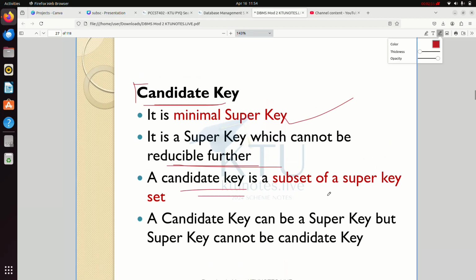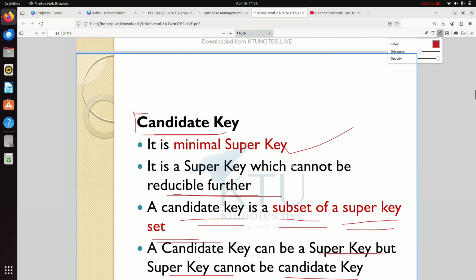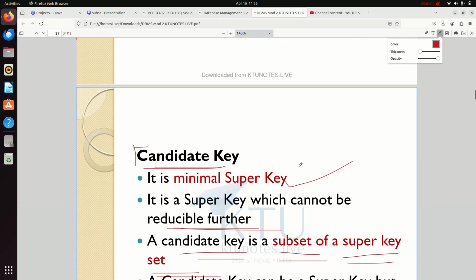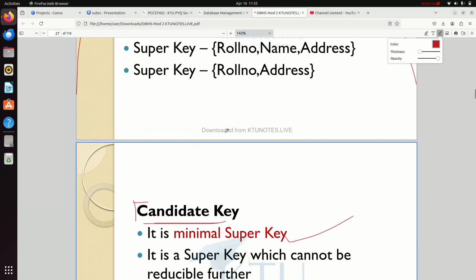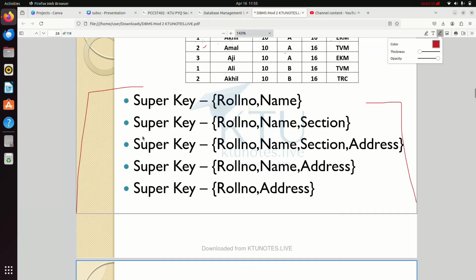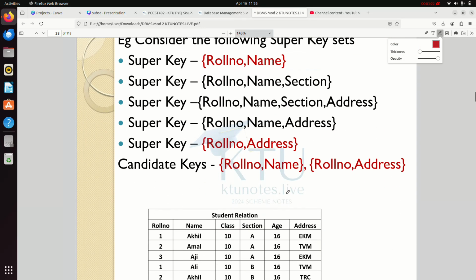So a candidate key is a subset of the super key set. A candidate key can be a super key, but a super key cannot always be a candidate key. The candidate key is the smallest minimal super key, not reducible further. Sometimes a candidate key can be equal to a super key, but a super key cannot always be equal to a candidate key. That is one important thing here.